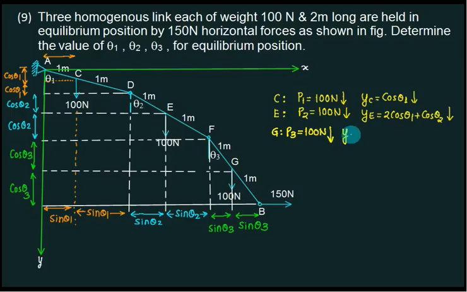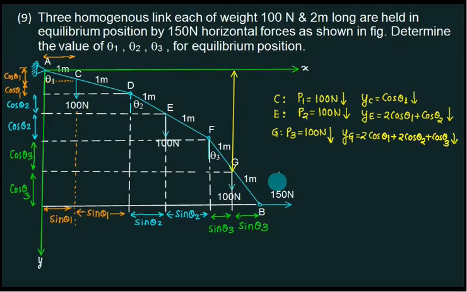So I require the G coordinate, which means the y distance of point G. Is it this much distance? This distance consists of 2 cos theta 1, 2 cos theta 2 and 1 cos theta 3. For 150, 150 is at point B. Is it rightward? Since it is rightward, the total distance is x from here to here.